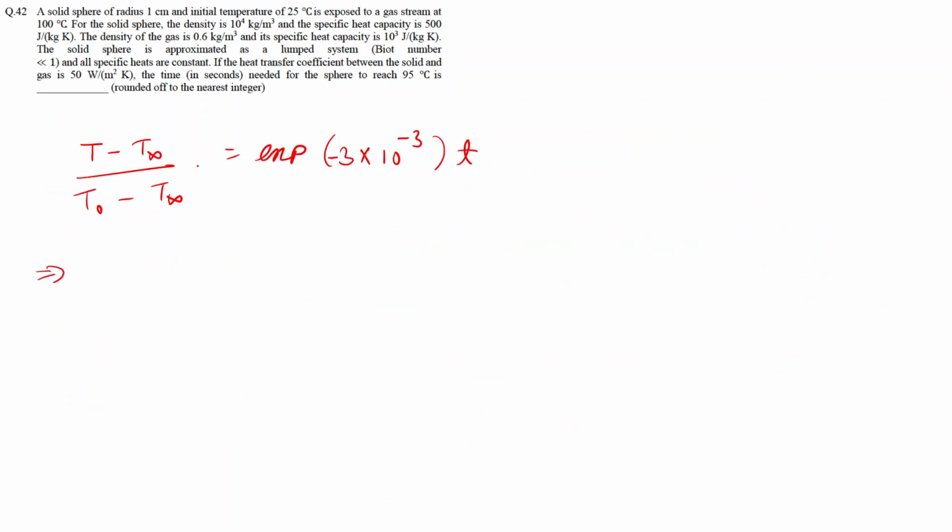So now let's replace the value of T naught and T infinity. We have to find the time taken by the sphere to reach the temperature of 95 degrees Celsius. So this will be 95. So let's replace it. 95 minus T infinity, which was 100, over T naught, the initial temperature, that is 25 minus 100. So this will be equal to exponential of minus of 3 into 10 raised to minus 3 into t.